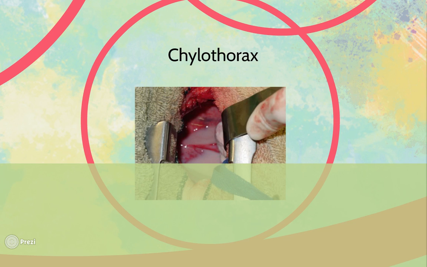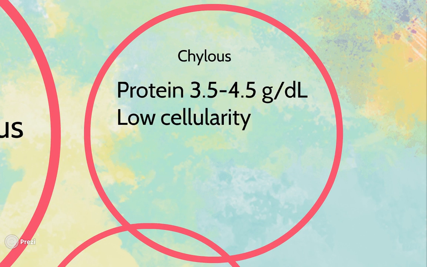Or right-sided heart failure. So again, right-sided heart failure will cause a physical obstruction of that lymph duct and cause a distortion in the fluid placement. Chylous effusions typically have protein between 3.5 and 4.5 grams per deciliter. Low cellularity, which is always a little bit, I always expect to see more lymphocytes, and you never really do.